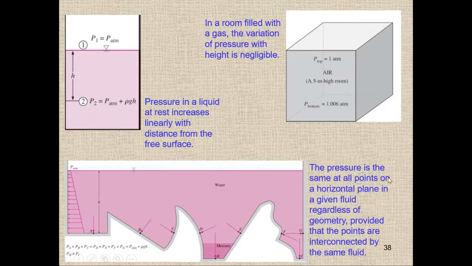So the pressure is the same at all points on a horizontal plane in a given fluid, regardless of the geometry, provided that the points are interconnected by the same fluid.